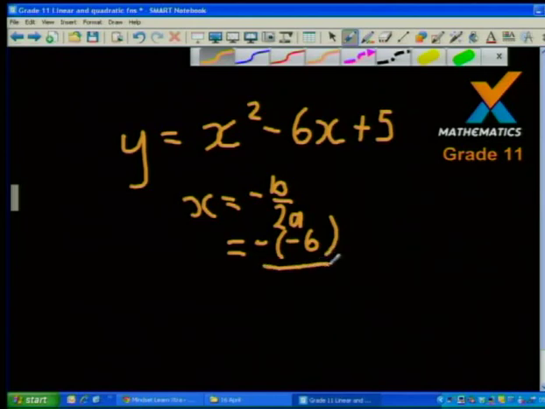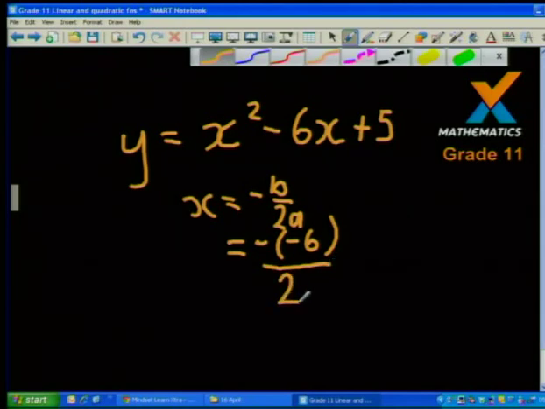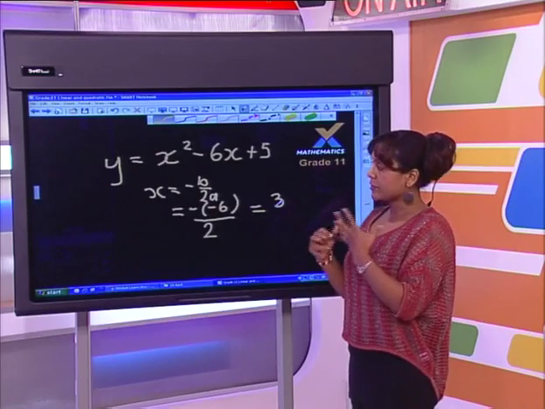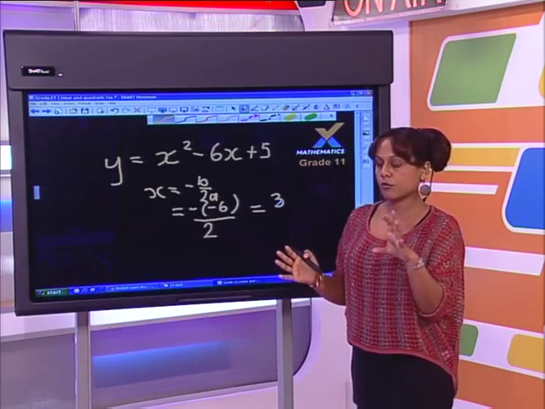And the value of a is just 1. Remember, that's the coefficient of x squared. So that's just going to be 2 times 1 is 2. And I get negative times negative is going to give me positive 6 divided by 2 will give me an answer of 3.